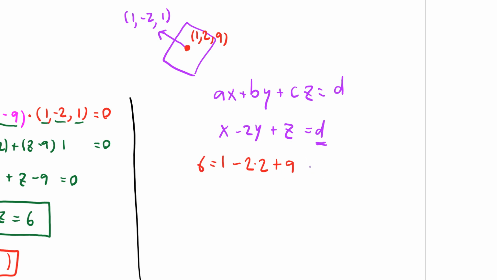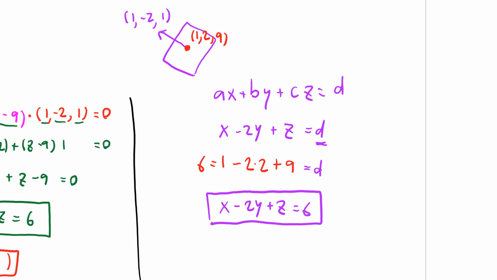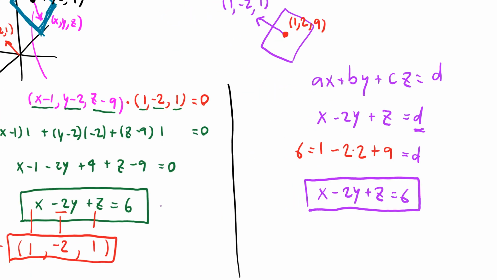But this has to equal d, so that means the value of d has to be 6. In particular, I have already obtained the equation for my plane. This is going to be x minus 2y plus z equal to 6. And that's actually what we have seen earlier as well.